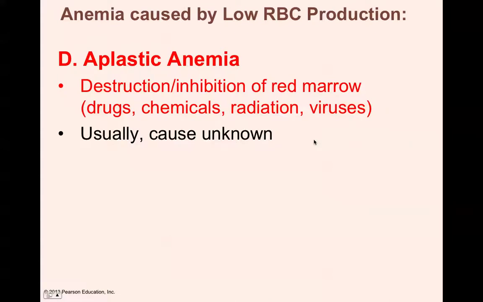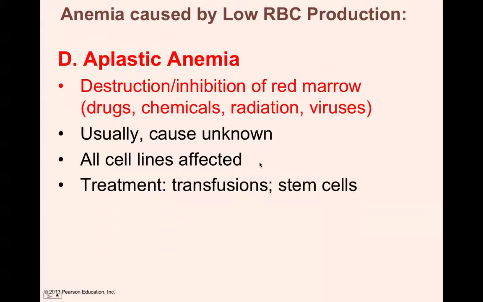Usually the cause is unknown, but all cell lines are affected, so they will also have abnormal levels of white blood cells and platelets, actually low levels. The treatment would be transfusions and a bone marrow transplant with the stem cells.